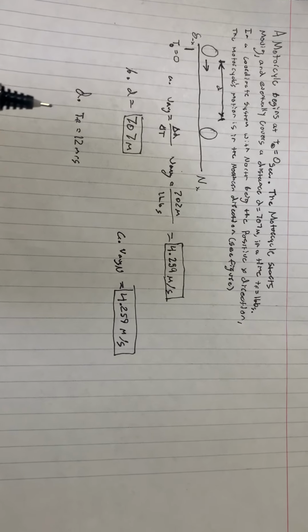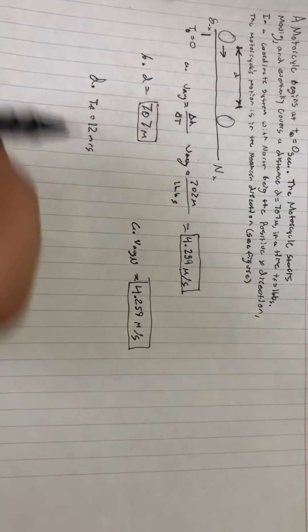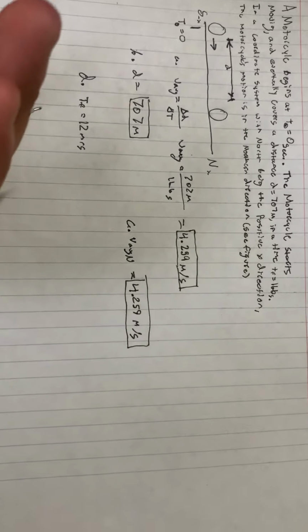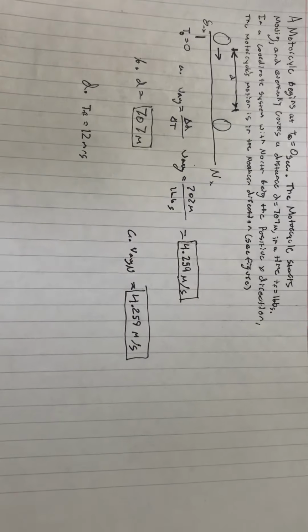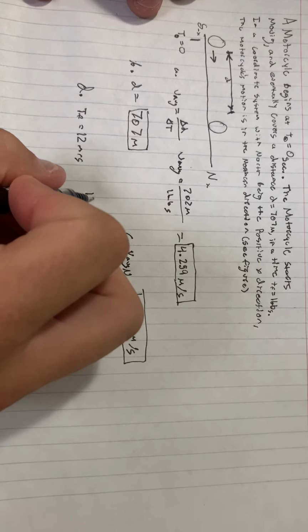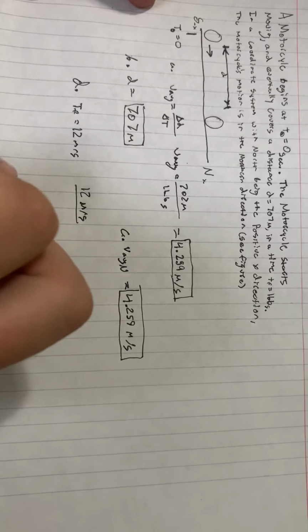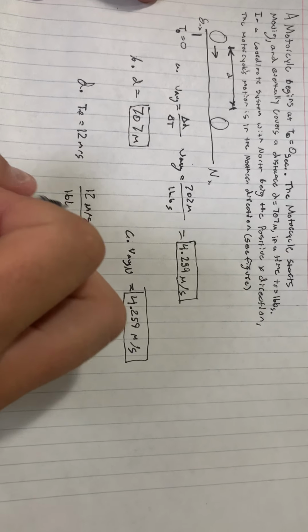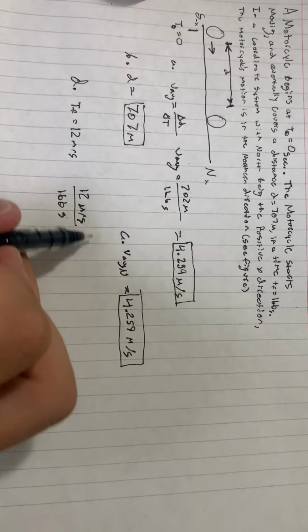So what we're going to do for this one is take its final minus initial velocity, which our initial velocity was 0, so we can just cross that out. So we're going to have 12 meters per second on top divided by 166 seconds, which these seconds are going to give us that second squared at the end.